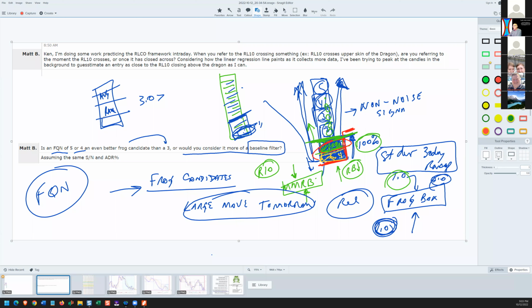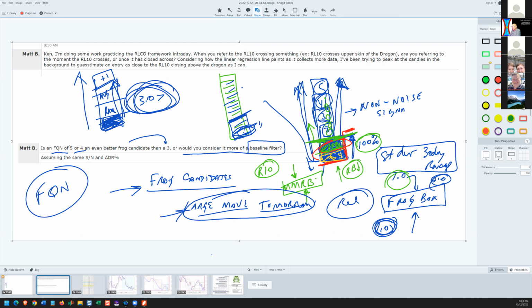Then a frog box move would give you a 2-to-1 reward to risk on a simple move to the average range. And if it moved to a range stat, you get an extra +1 frog box. So in our reasoning, if you had a frog quality number greater than 3, then you were sufficiently compressed so that an average move would give you a favorable trade-off. So that's one of the working definitions of a relatively large move tomorrow compared to the risk you want to take.